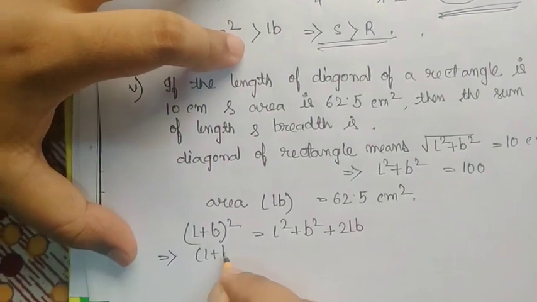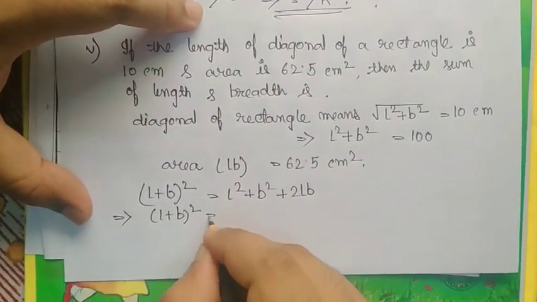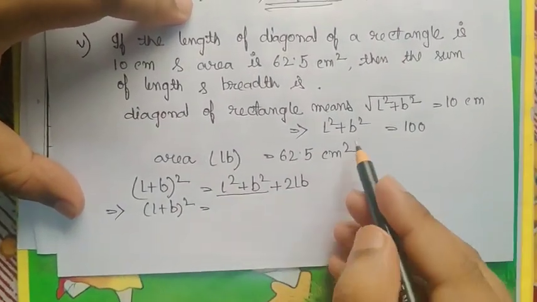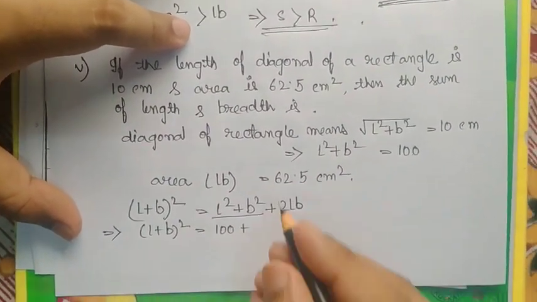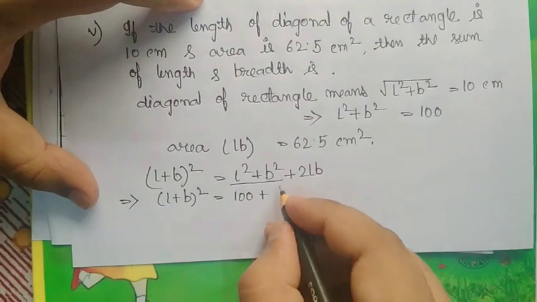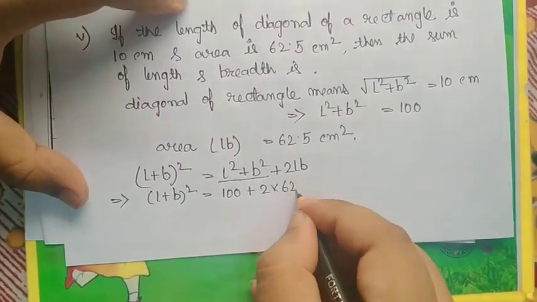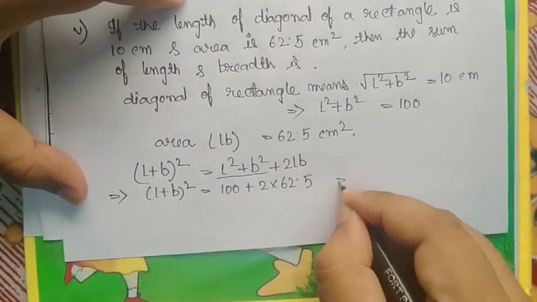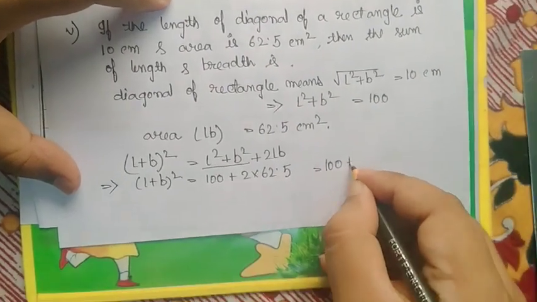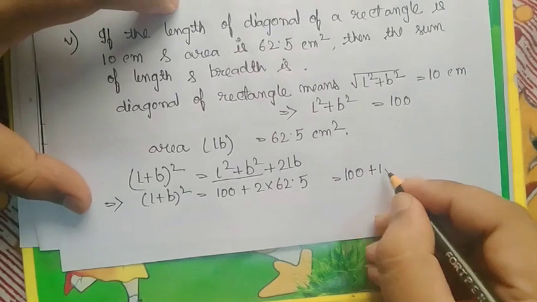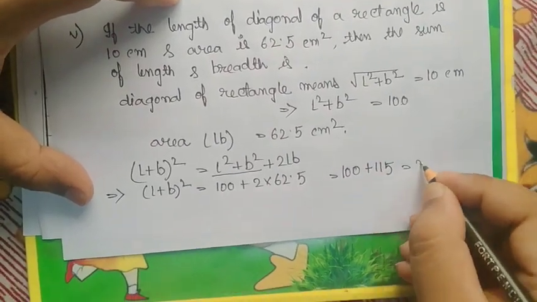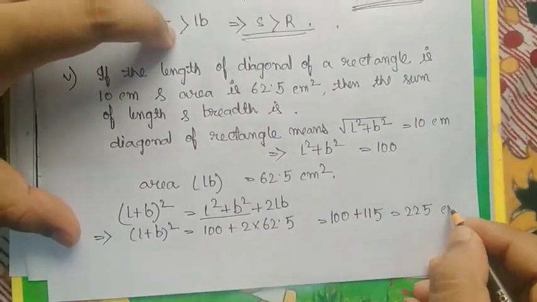So if we put down the values, L square plus B square means 100 and LB means 62.5, so 2LB means 2 into 62.5, which is 125. So 100 plus 125 equal to 225 centimeter square.